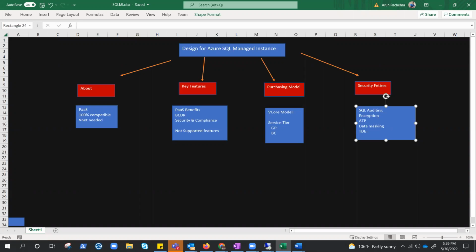Then data masking. Well, data masking, as the name says, that's what it is. It masks the data, limits sensitive data exposure by masking it to non-privileged users.